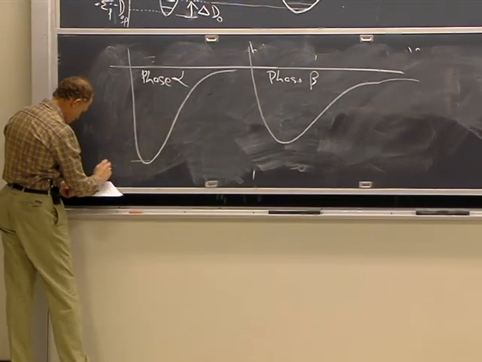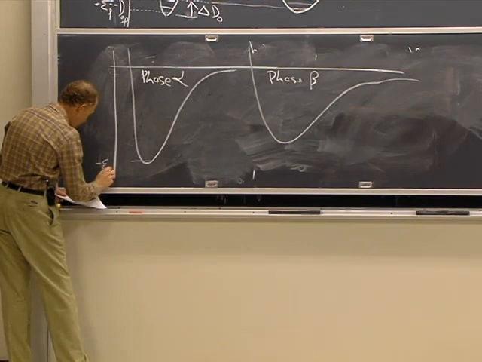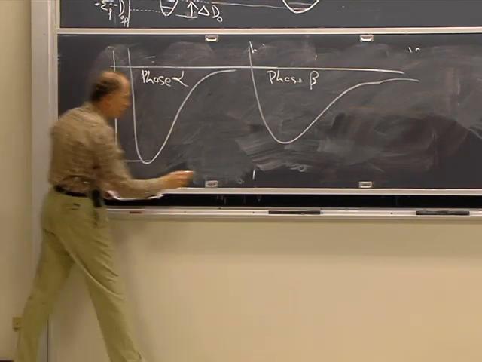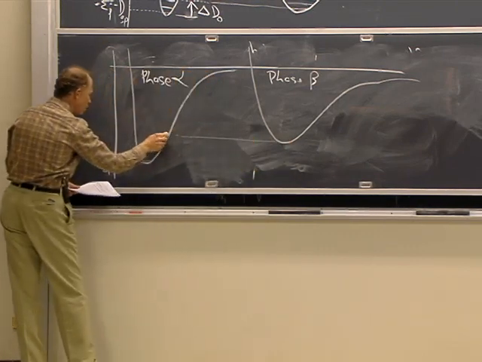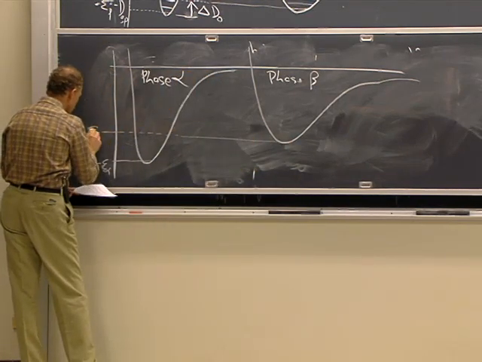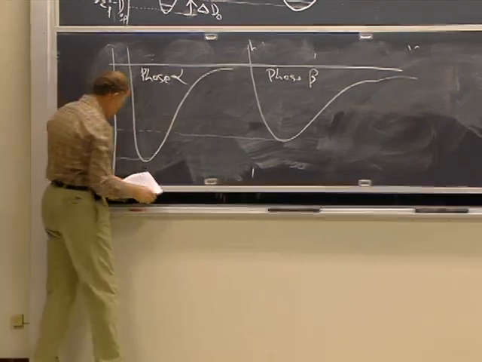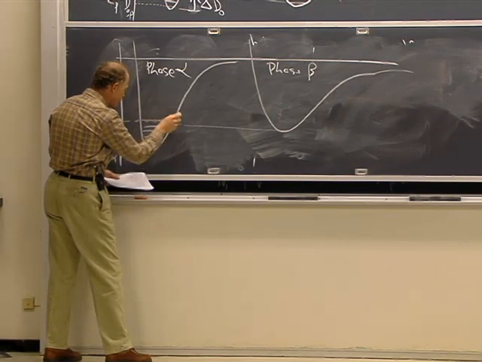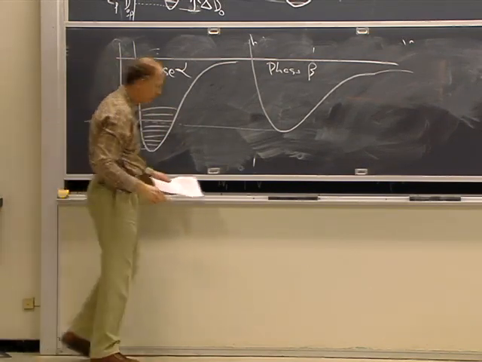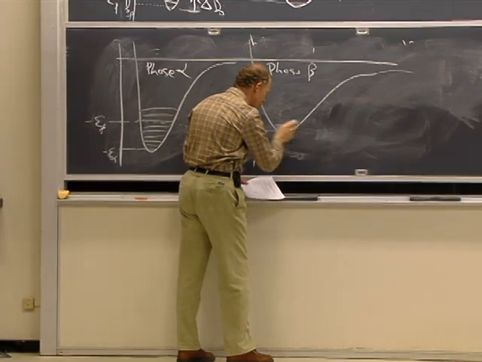This will be minus E alpha, and this will be minus E beta. And then there are vibrational energies. The lattice has a bunch of vibrational energies. We can assume they're evenly spaced. And they're going to be different. They're not the same in the two different crystalline forms.